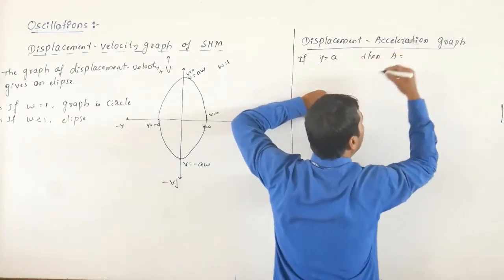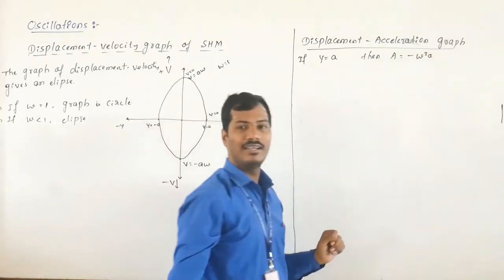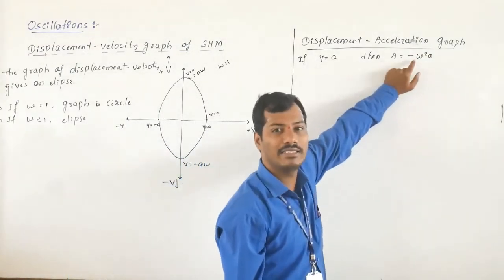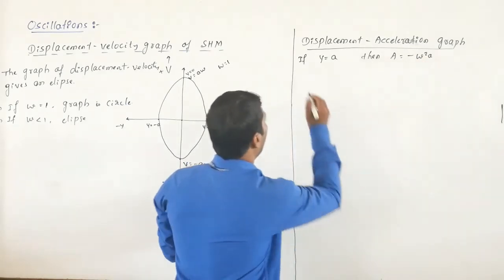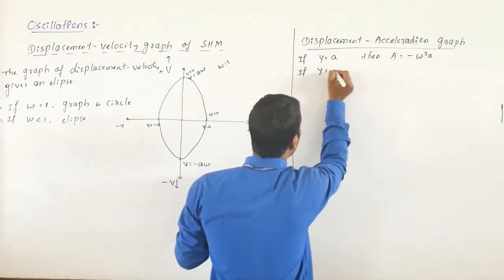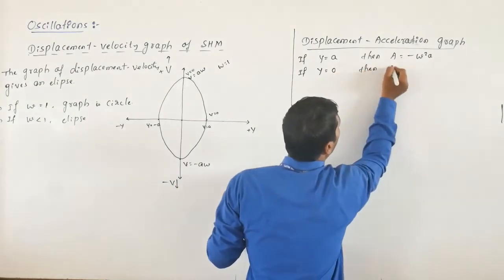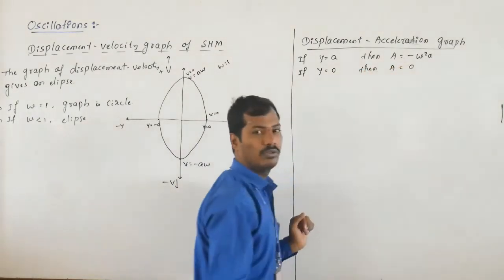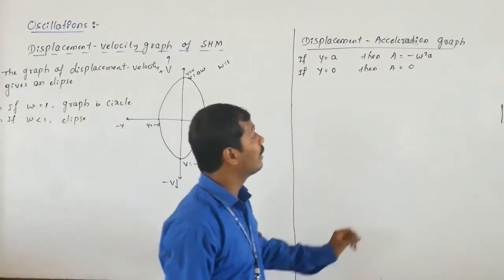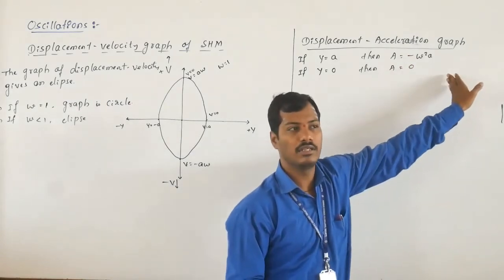The acceleration is minus omega square into a, because it is maximum in the negative direction. If y is equal to 0 at the mean position, then the acceleration is also 0, because the general form is acceleration equal to minus omega square into y.